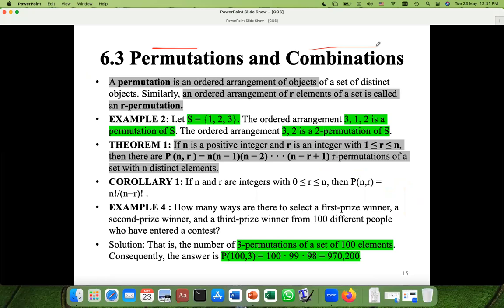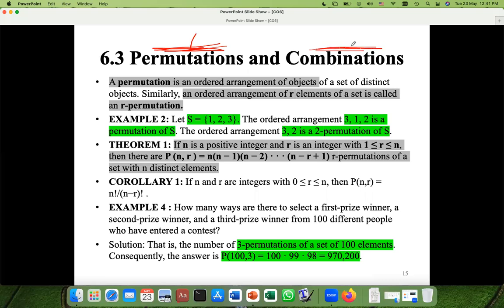Most of the time, people consider permutation and combination the same thing. Actually, their concept is the same, but there is a difference between them. The difference is that in permutation, the order of the elements or terms matters.